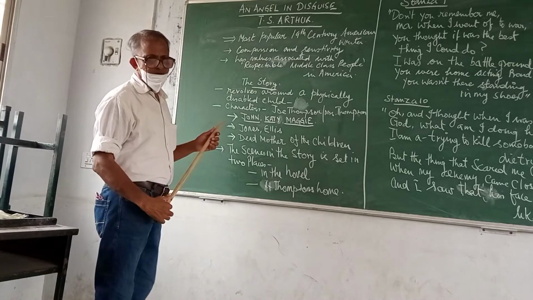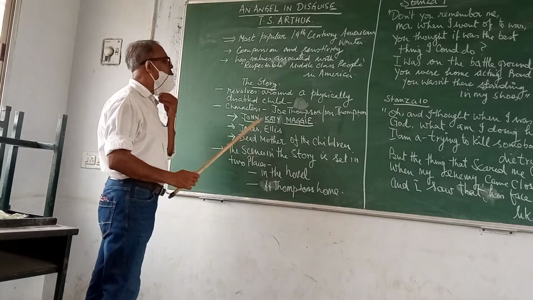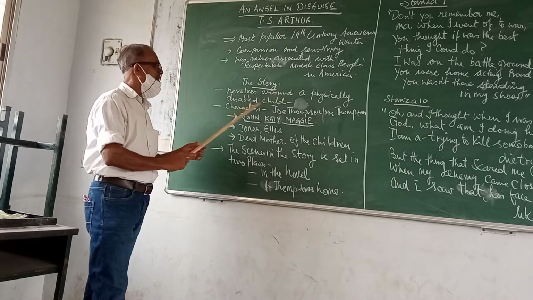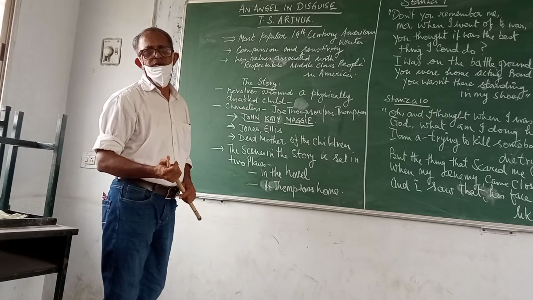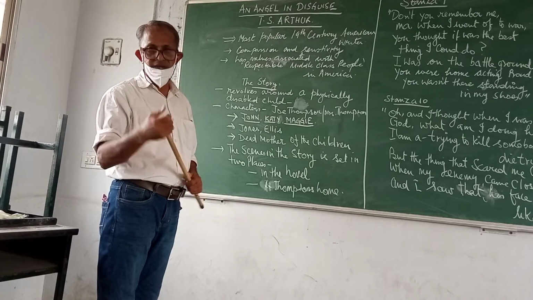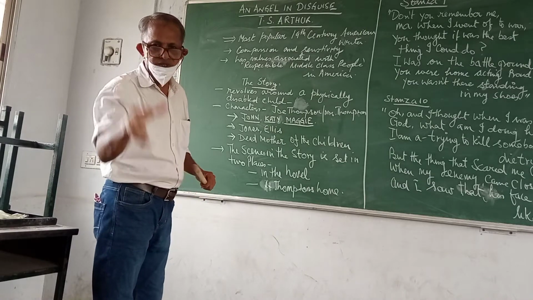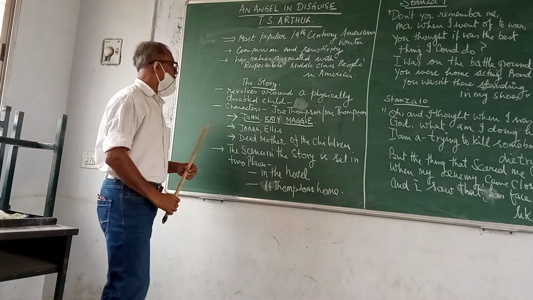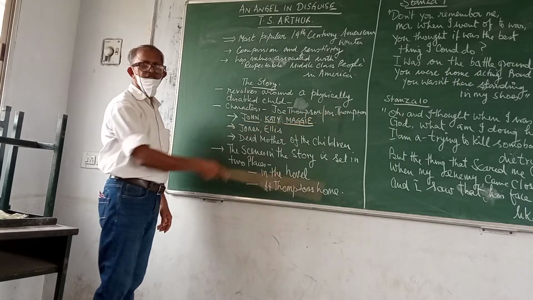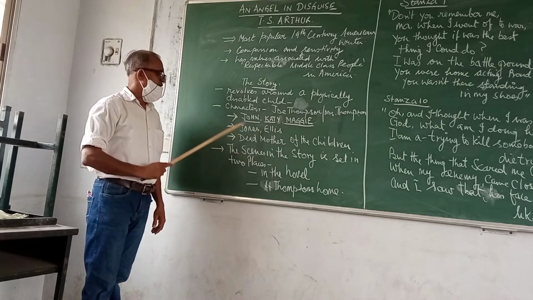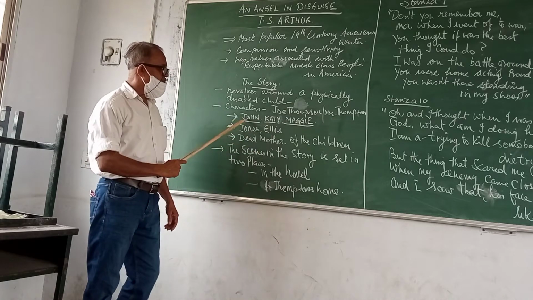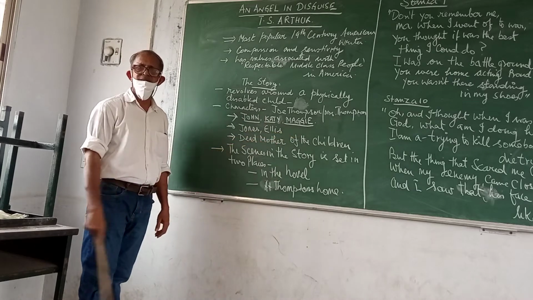Now let us get into the story. Now the story, An Angel in Disguise, revolves around a physically disabled child. Now the disabled child is the main character in this story, around which the story revolves. Then the characters in the story are Joe Thompson and Mrs. Thompson. Then we have the children characters in the form of John, Katie and Maggie.